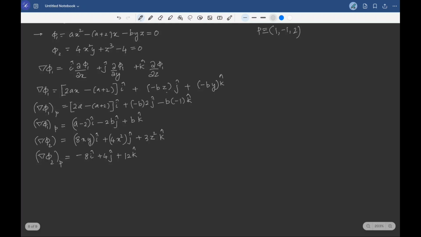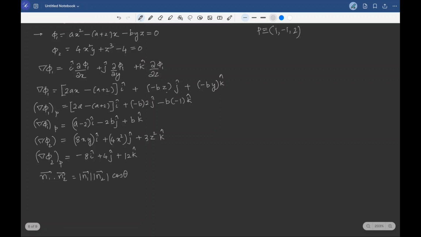Now what we have been given in the question is that the surfaces at this point P are orthogonal. Orthogonal means 90 degrees. That means the dot product of the vectors del phi 1 and del phi 2 is 0, because of how we defined the dot product: vector n1 dot vector n2 is equal to mod of n1 times mod of n2 times cos theta.